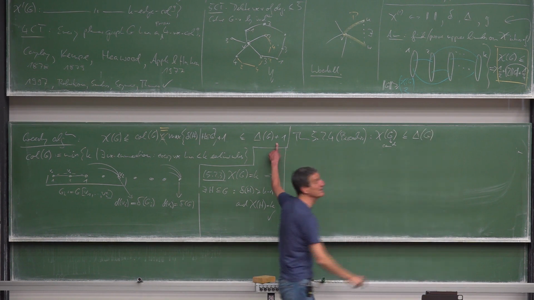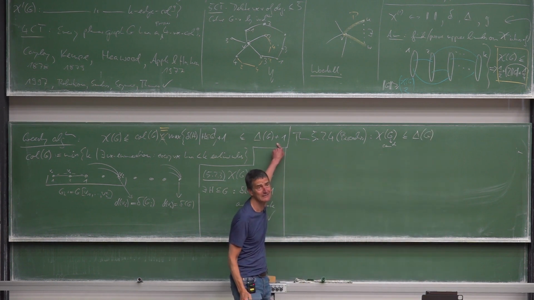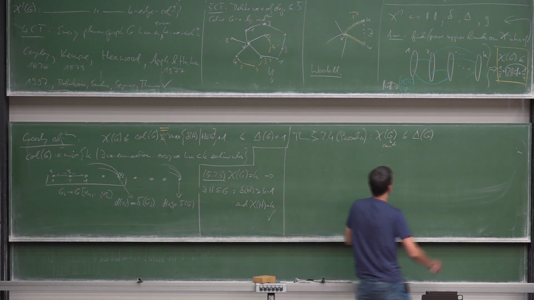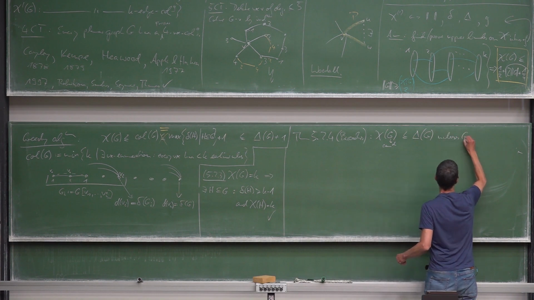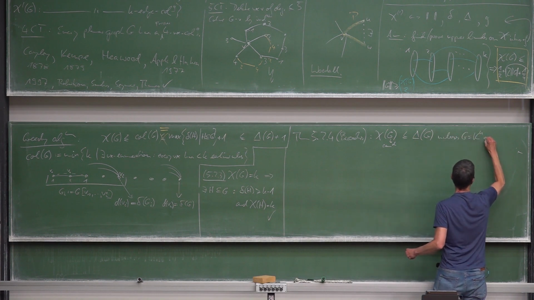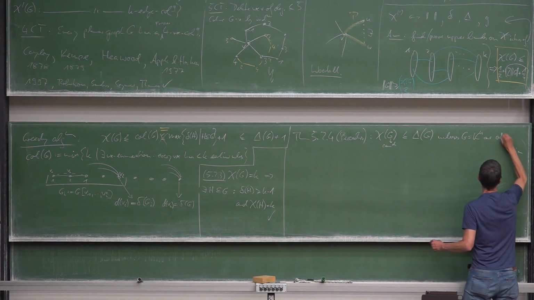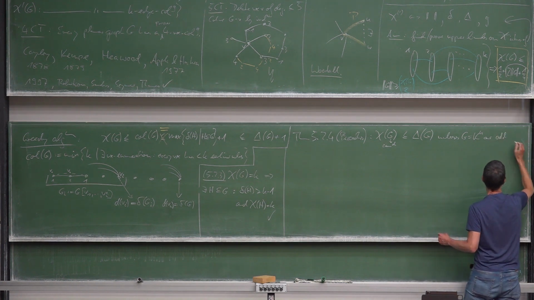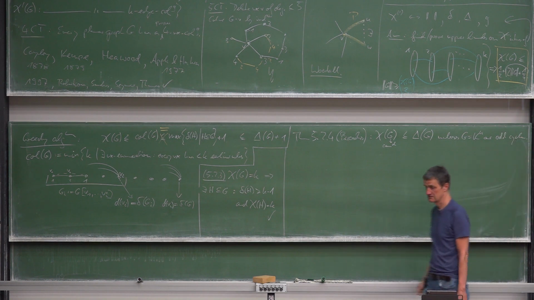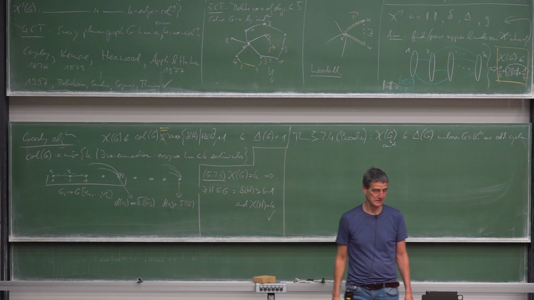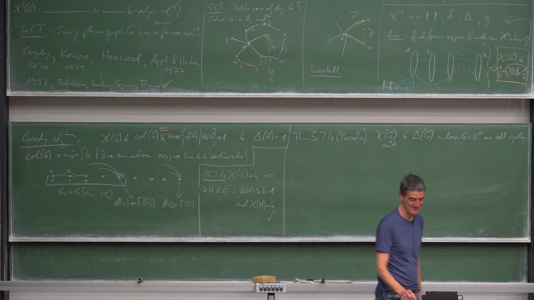So you save 1, unless G is complete or an odd cycle. Okay, so that's Brooks's theorem.